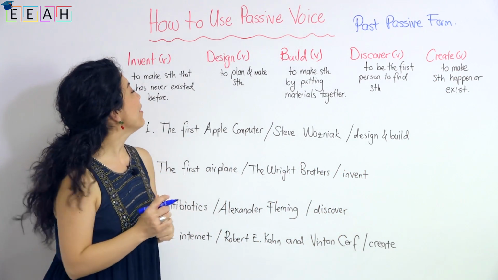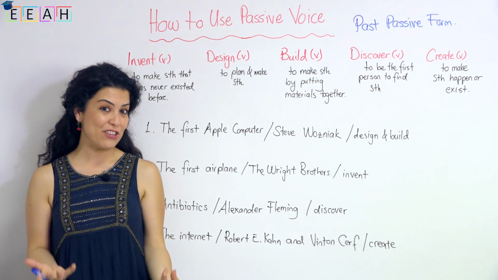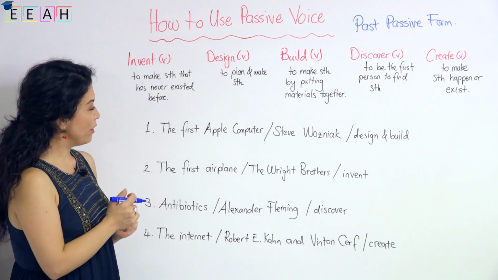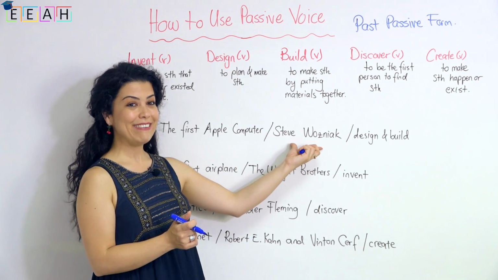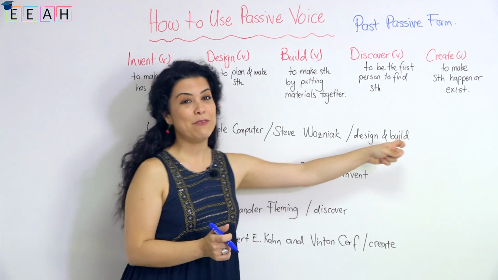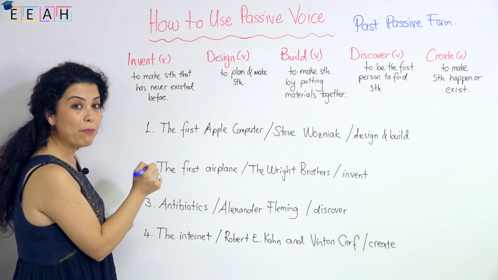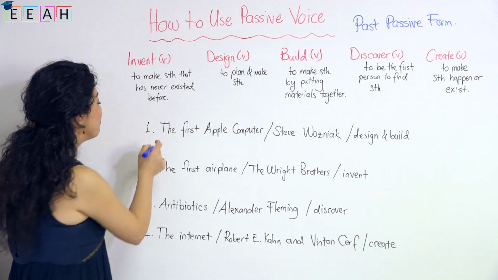Yes? Okay, now I've got some information here about the inventions again, and we are practicing past passive form. Number 1, think about the first Apple computer and Steve Wozniak design and build. So let's form a passive sentence. What happened? What was designed and built by Steve Wozniak?